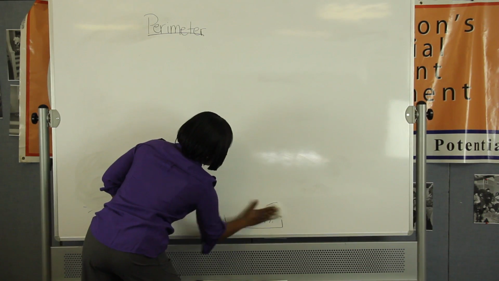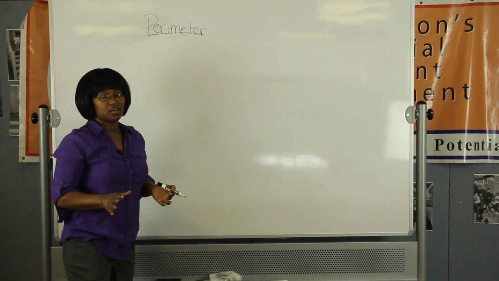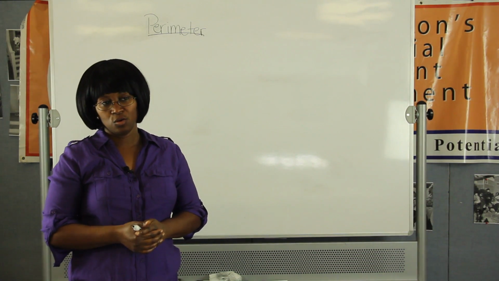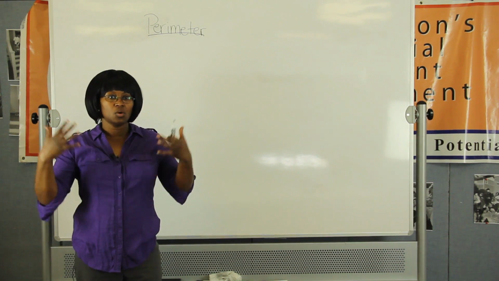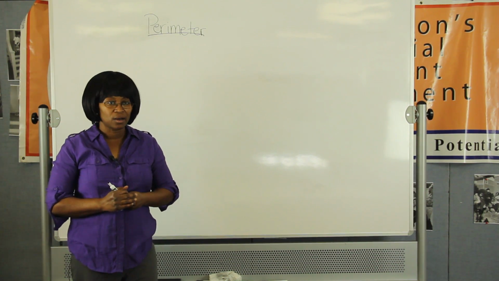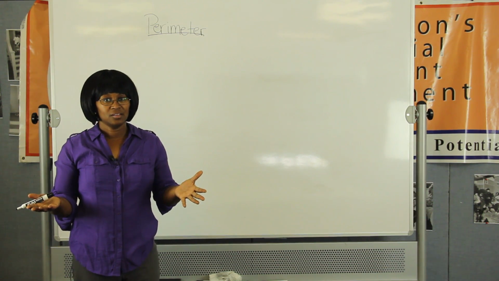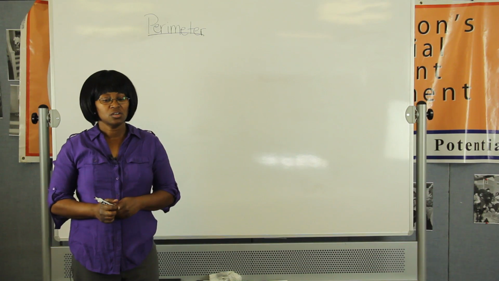Now we're going to talk about the area. Now the area is what you measure to find what the space is inside of a shape. So let's say that you want to build a house and you need to know how much land that you have to build this house or something of that nature.